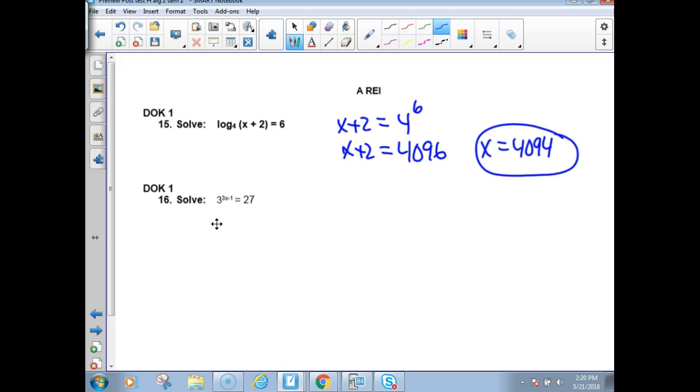Now, how do I solve this one? Well, there's 2 ways you could solve it. One is easy and one's a little bit harder, but doable. Got ideas? Yeah, you could try to change the base and make a matching base. That's the easy way.